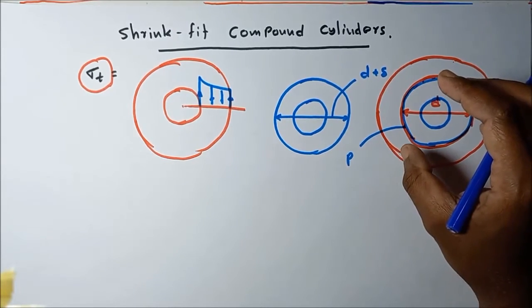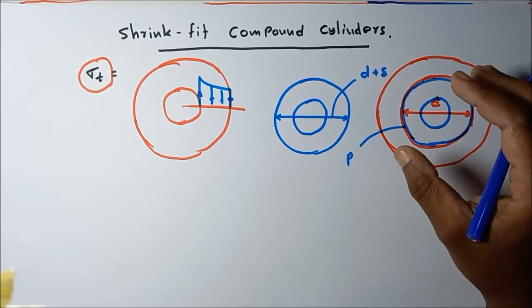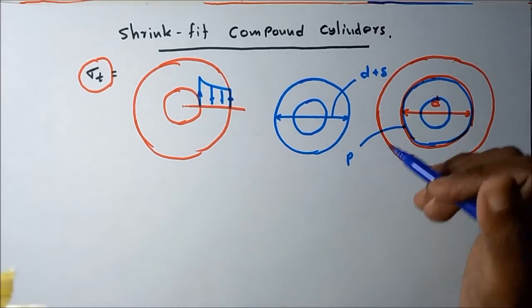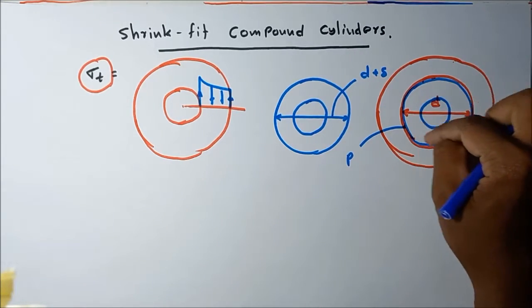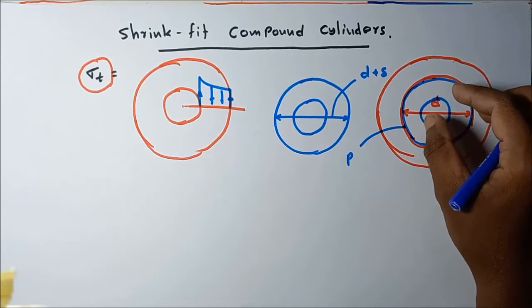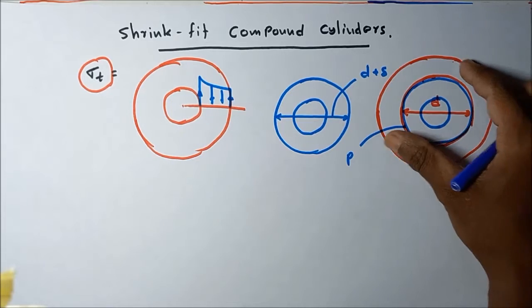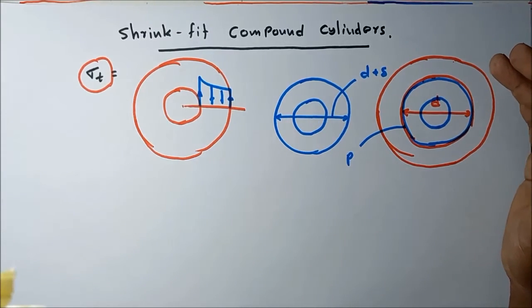It's a residual pressure that remains with the compound cylinders. So without loading the compound cylinders, they have residual stress developed. If we consider the internal cylinder separately, it's like a cylinder under external pressure only. If we consider the external cylinder separately, it's like a cylinder under internal pressure only.